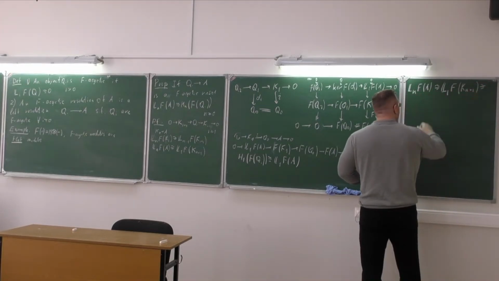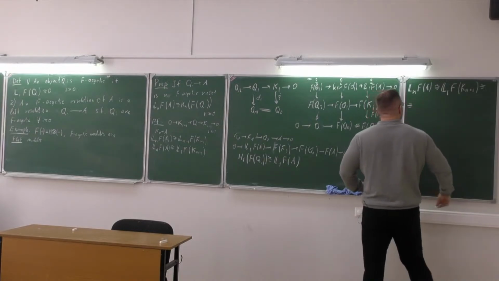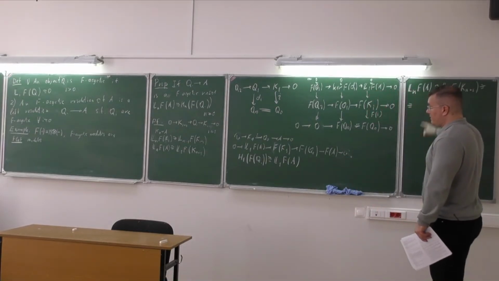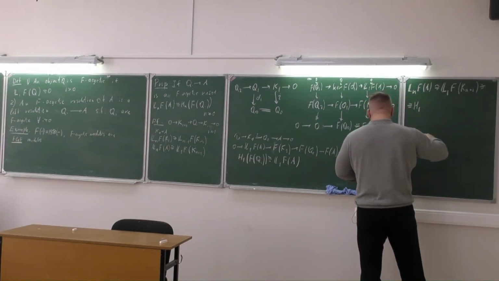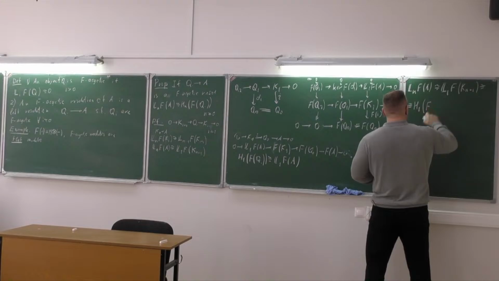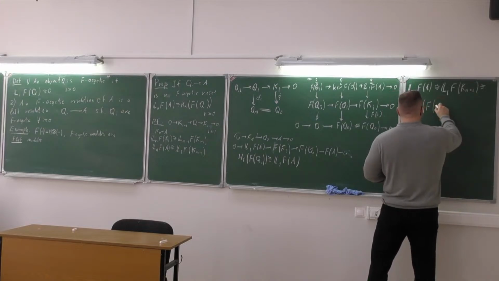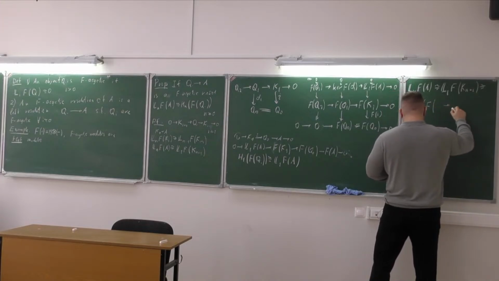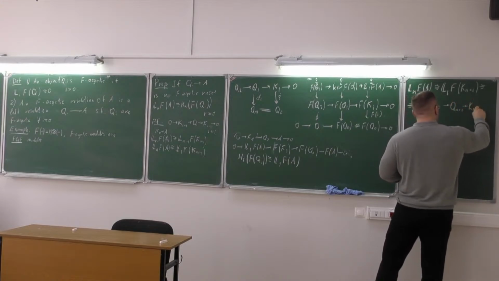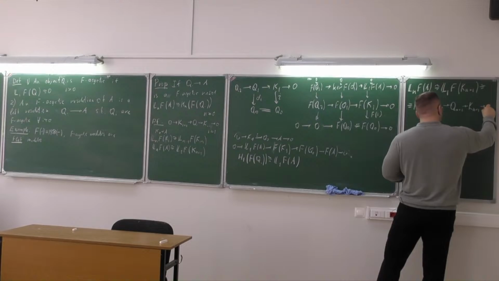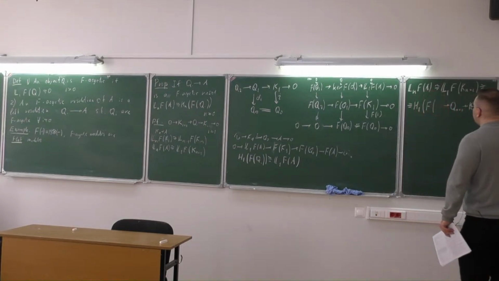Since now this is just the first left-derived functor and we have the previous result, I can write this as the first homology of the functor f applied to this exact sequence.